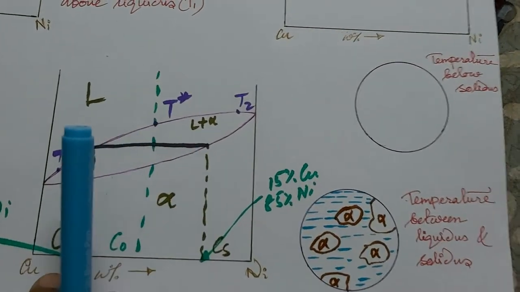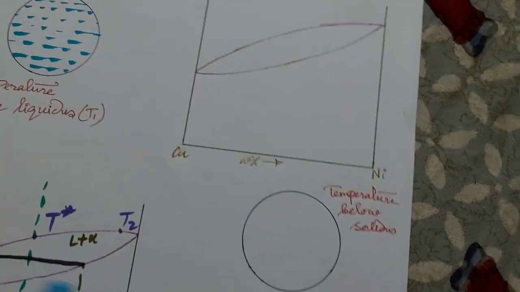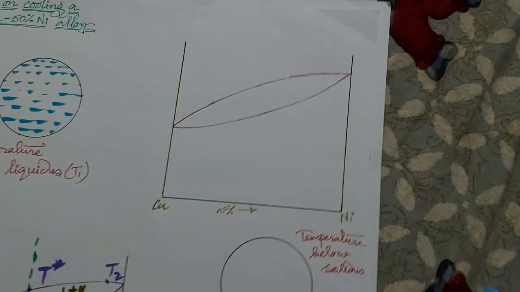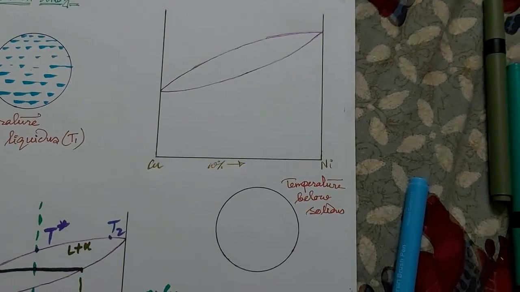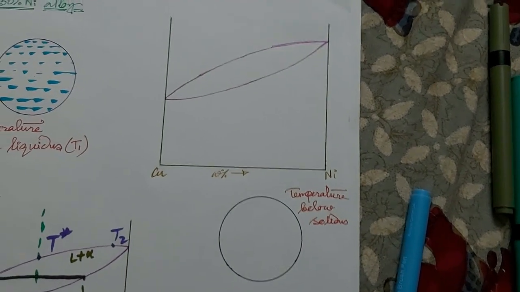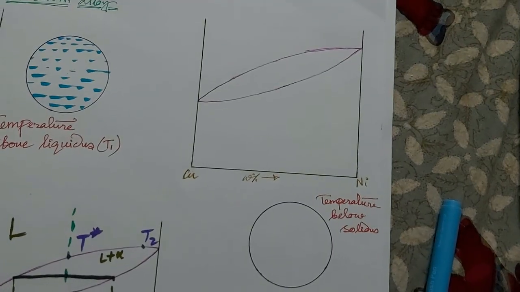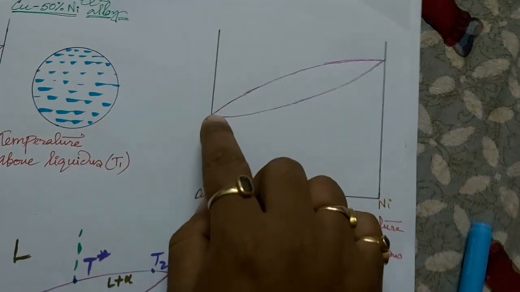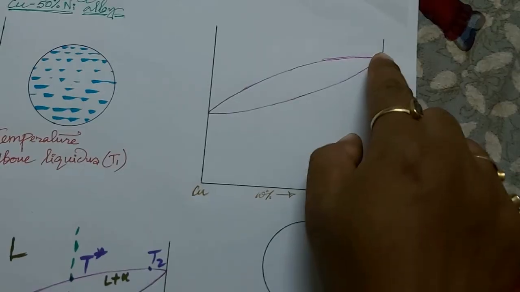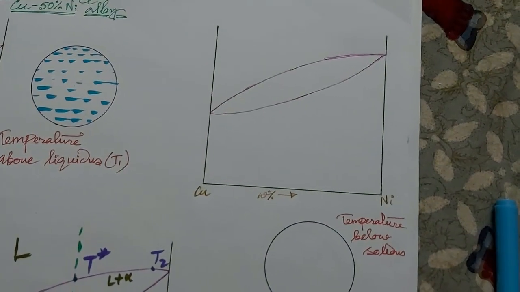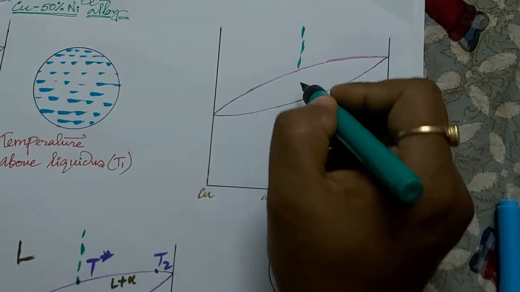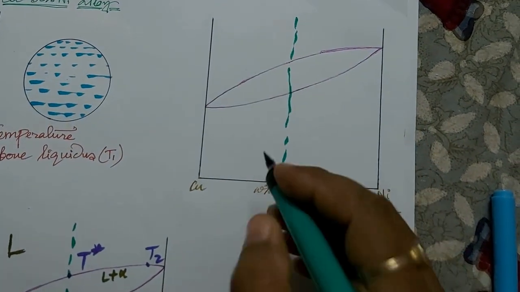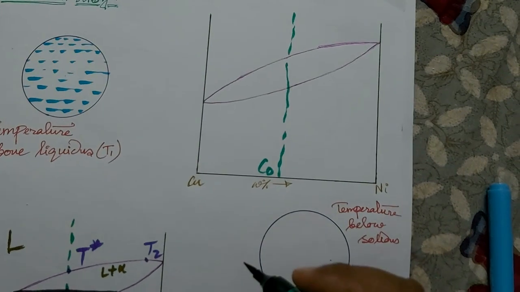Now we will go to this place where we have all solid phase, meaning below this solidus line. First of all we have to draw this constant composition line, which is C naught.